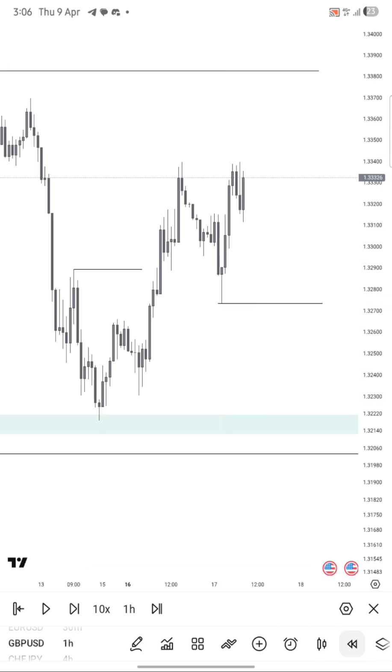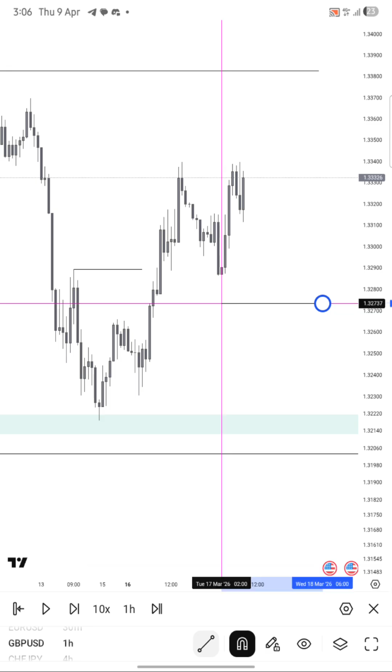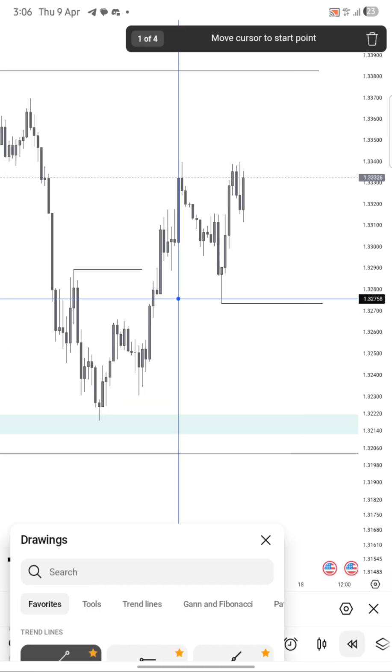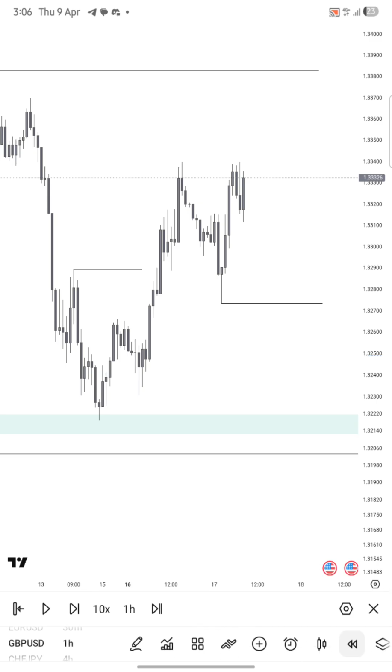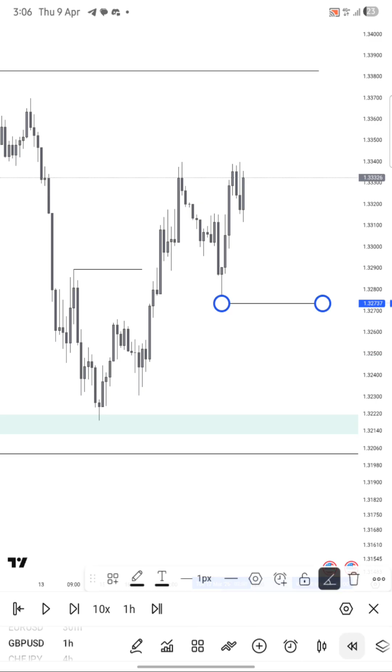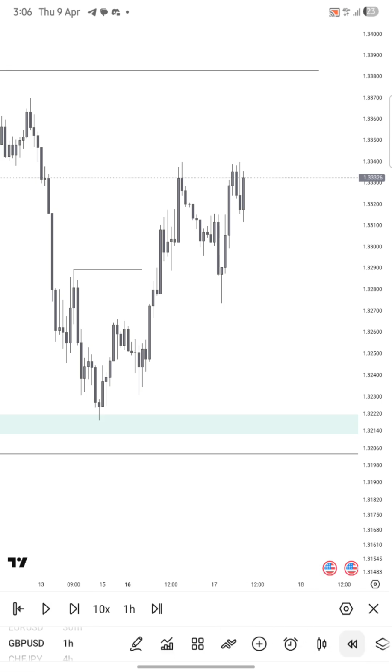So what we could do right now is wait. Before doing analysis and marking out a transfer low or not, we need to wait for a break of structure or a market structure shift to the downside and buy from the discount level. So price is going up.